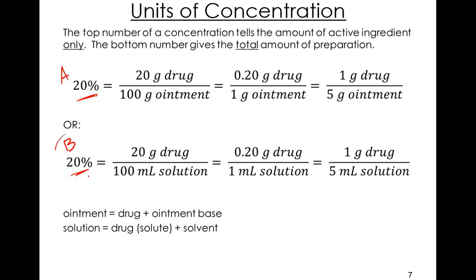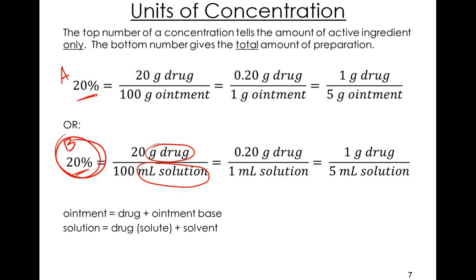If you said B, that's correct. The units used in B best match those for a solid, which would be measured in grams, dissolved in a solution measured in milliliters. It's 20 grams drug per 100 mils of solution.